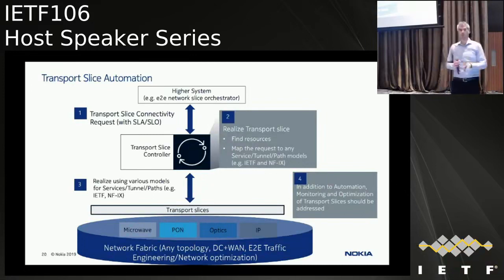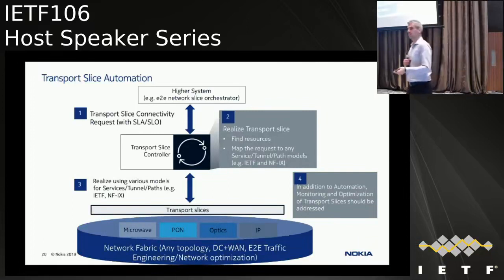If it's microwave or PON or optic or IP, the way that I realize this connectivity through the transfer slice is different. But at the very end, number one doesn't change if I implement this connectivity on top of microwave or PON. Number one is do the connectivity between edge 1, edge 2, edge 3 to edge 4 and 5.